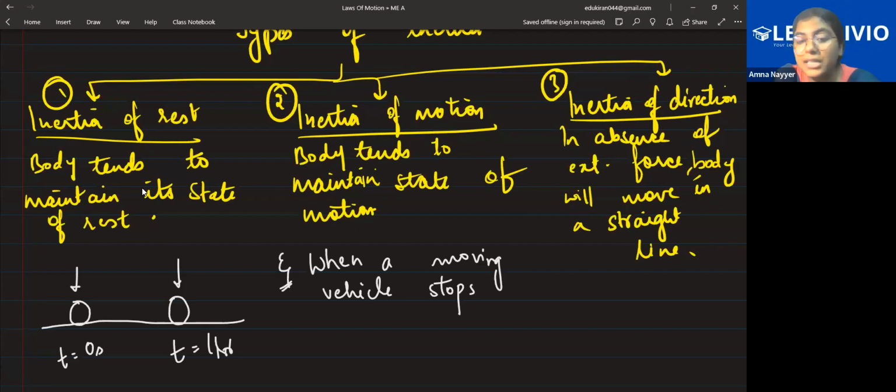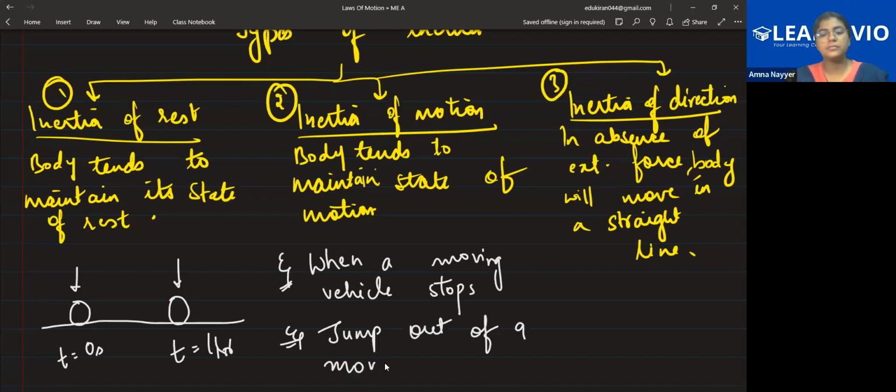So the body tends to maintain its state of motion. One more example is when you jump out of a moving bus. So all these examples are there.